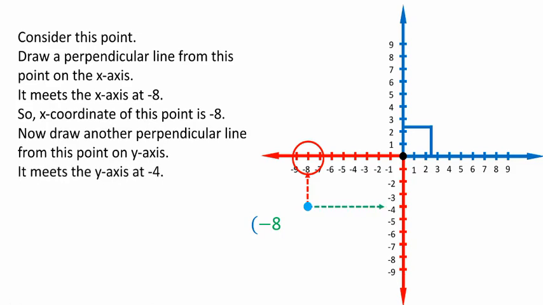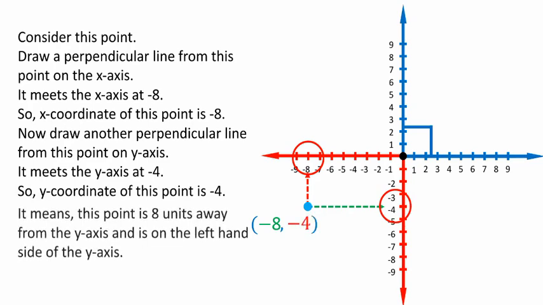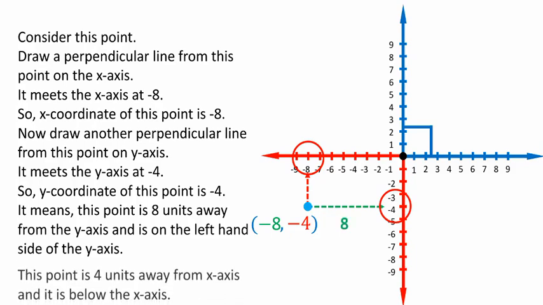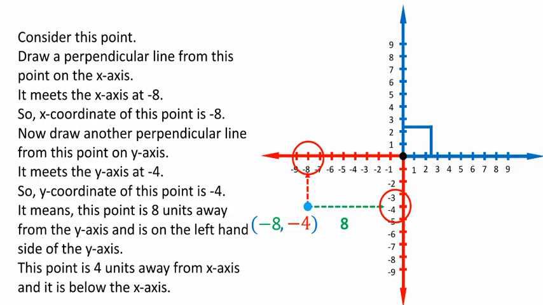It meets the y-axis at -4. So the y-coordinate of this point is -4. It means this point is 8 units away from the y-axis and is on the left hand side of the y-axis. This point is 4 units away from the x-axis and it is below the x-axis.